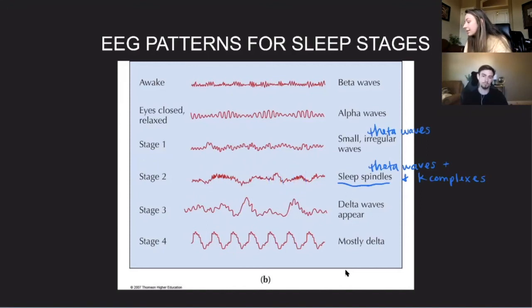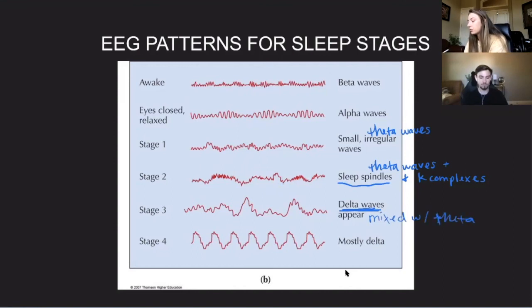Basically, all you have to know is that stage two has theta waves that are interrupted by sleep spindles and K complexes. Those K complexes are where it's starting to go into a slow delta wave. Once it gets to stage three, that's when you see delta waves mixed in with theta waves.